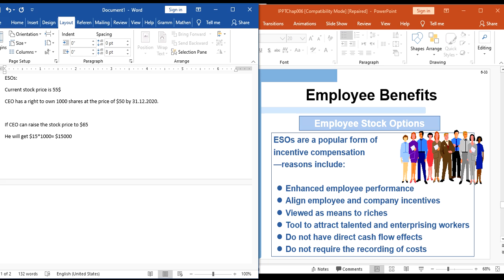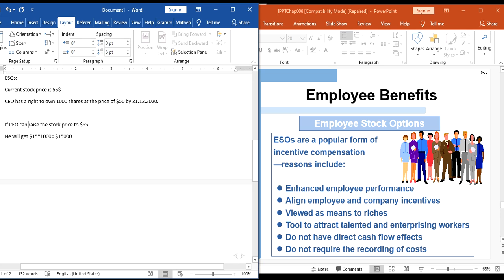So this is the right. But that will be at the same time a cost on the company. Okay? This is another cost on the company. So this should be recorded when the CEO exercises this option.